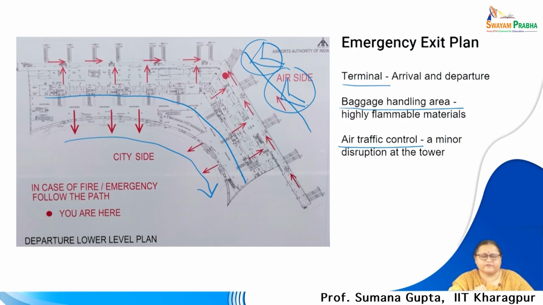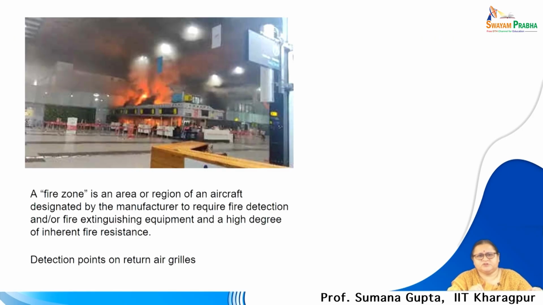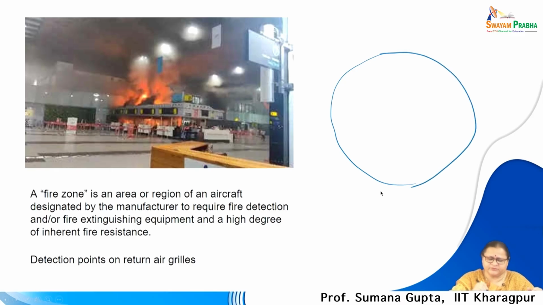There can be a case of fire from various internal reasons, from electricity etc. This is a very recent incident and picture. The fire zone is an area or region of an aircraft designated by the manufacturer to require fire detection and or fire extinguishing equipment and a high degree of inherent fire resistance.